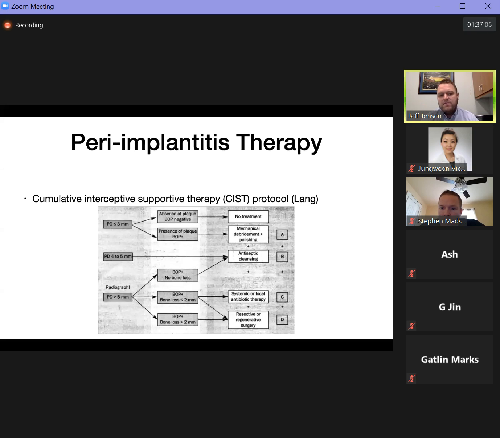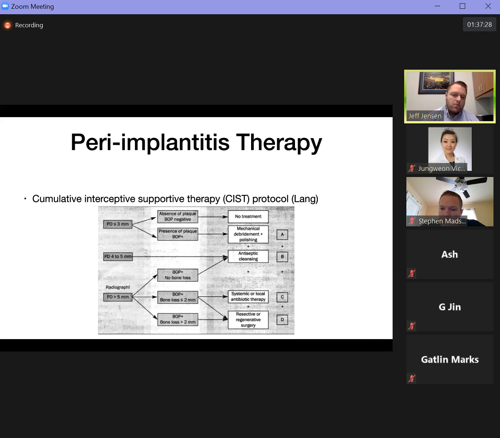So if my probing depths are less than 3 and I don't have any plaque or bleeding, then obviously it's healthy, so there's no treatment needed. However, if I start to see plaque and BOP, but the probing depths are still small, then I'm going to debride and clean the area, essentially doing a prophy or maintenance.